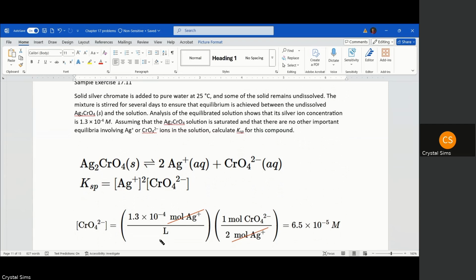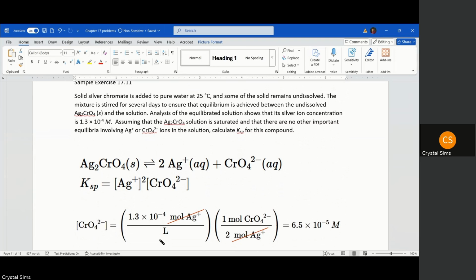So our moles of silver cancel out, and we're left with moles of chromate divided by liter, which is molar. Based on our equation, and based on the fact that we have 1.3 times 10 to the negative 4 moles per liter of silver ions, and that we have 2 silver ions for every 1 chromate ion, our chromate ion concentration is 6.5 times 10 to the negative 5 molar.